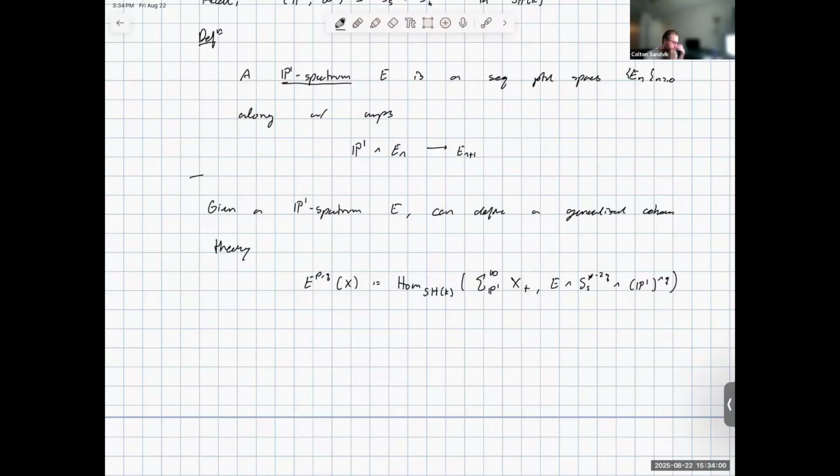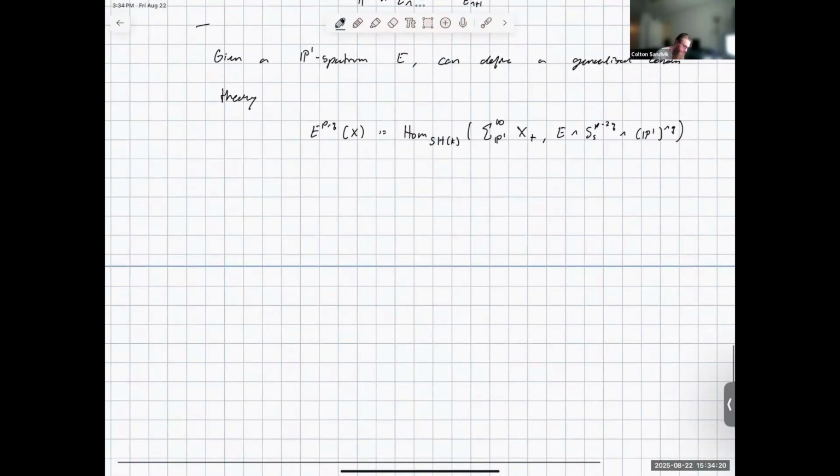This loops back to what I was saying at the very beginning, which is that spectra produce cohomology theories. Here's the type of spectrum, and it produces these cohomology theories. In both algebraic K theory and algebraic cobordism, they arise via this type of P1 construction.